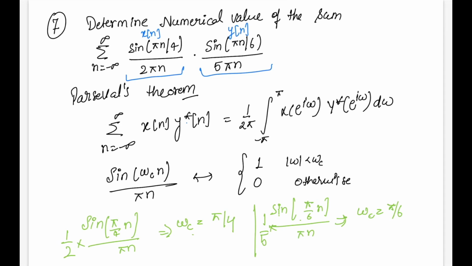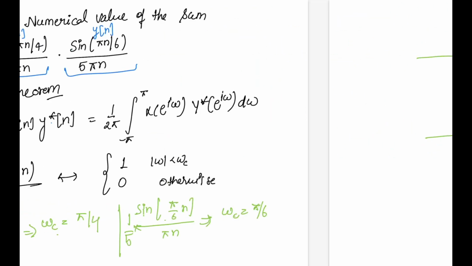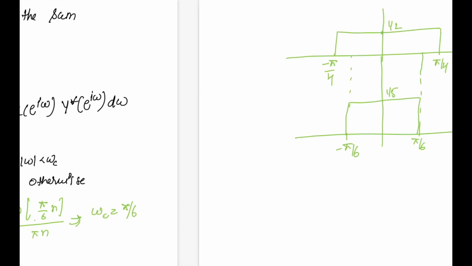I am drawing X(e^{jω}). This is minus π/6, this is plus π/6, this is 1 by 5. The y-axis scale seems to be reversed, so don't mind that. And this is Y(e^{jω}).